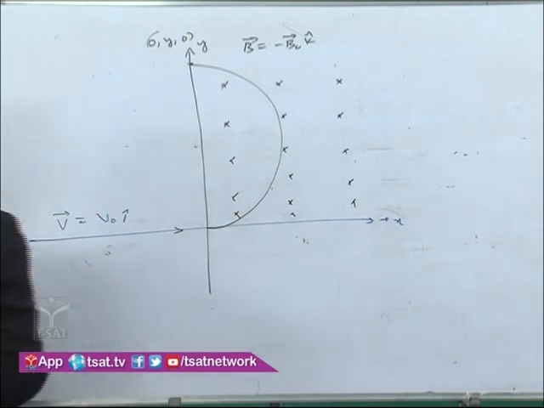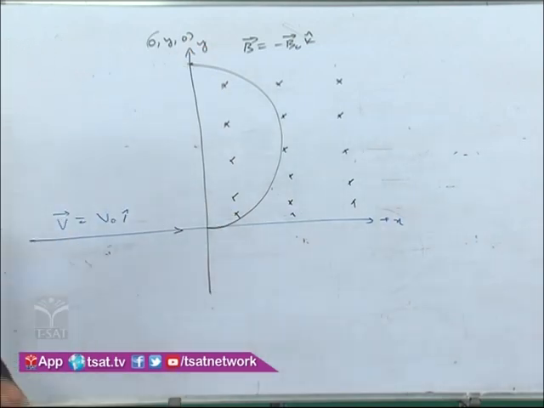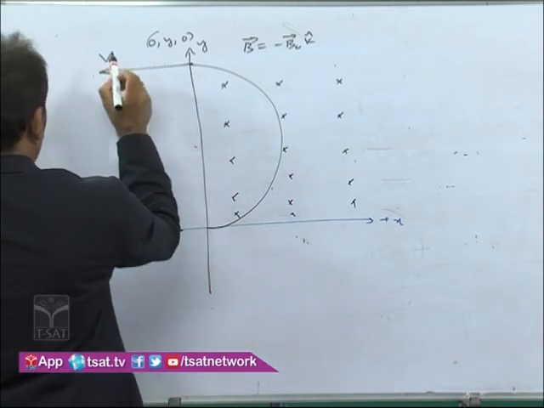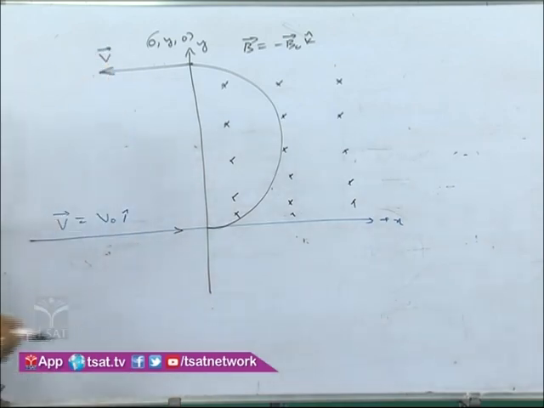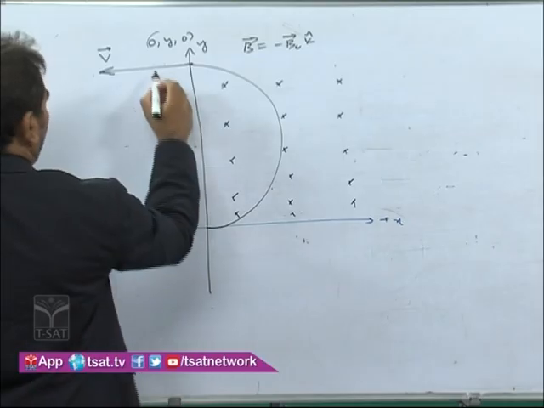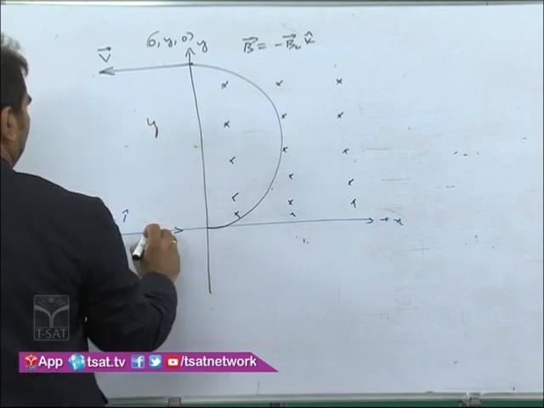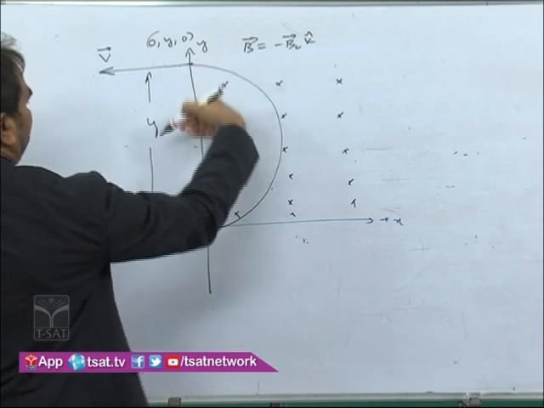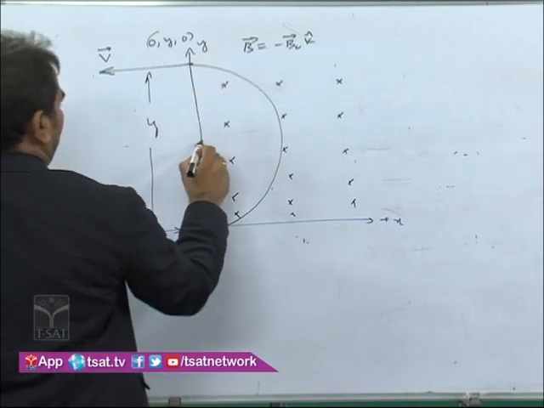With the same velocity it entered, it would come outside, like this, v bar only. Therefore, when it passes through this, we have to calculate the value of y. What is the value of y? This is nothing but this length, the diameter of the circular path, which gives the value of y.